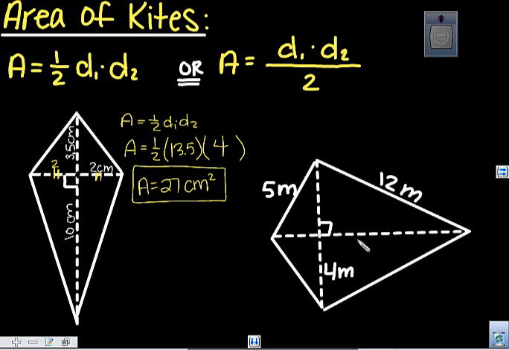Okay? In the second example, same formula. Okay, but we're not given any of the lengths of this longer diagonal. We're going to have to do some work to find them. We are given half of this one is 4, so this would also be 4, so that's 8. So we know one of them is 8. We need to find the second.